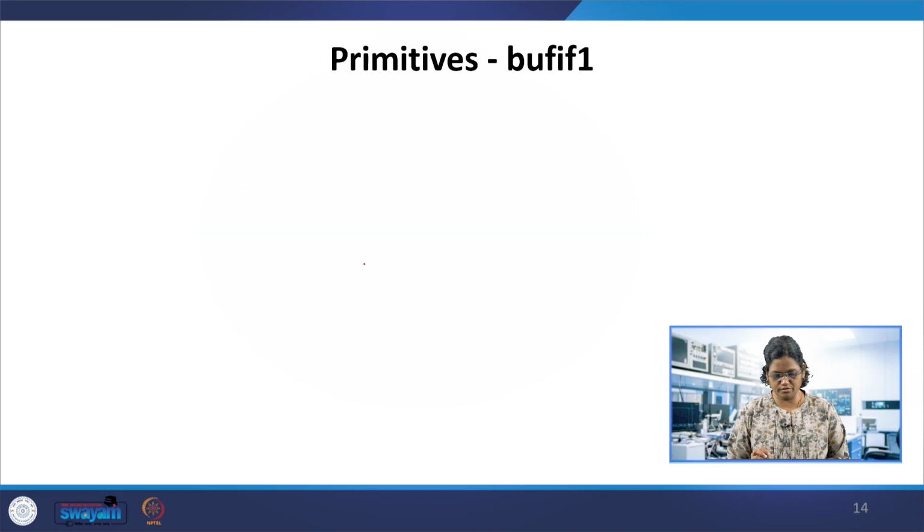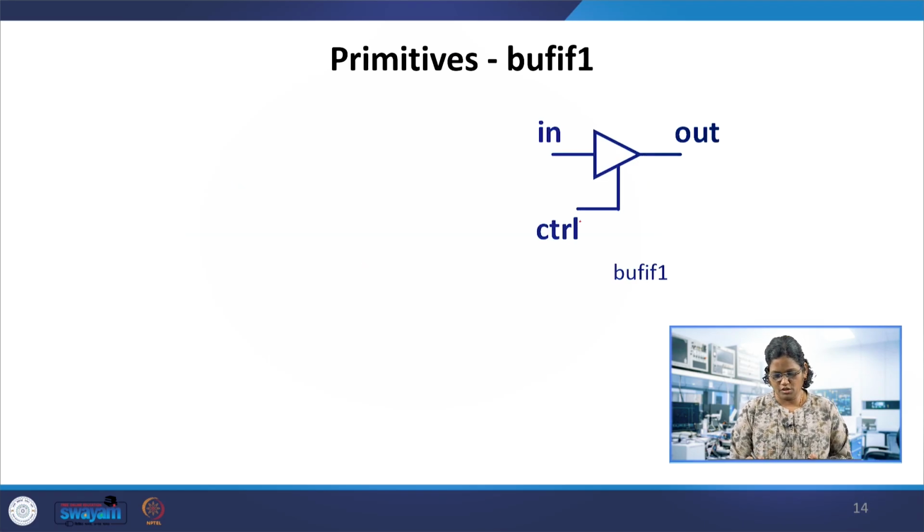So this is not if 0, but buffer if 1. Just when the control input is 1, the input is transferred to the output. If the control input is 0, then the output will be in the high impedance state.